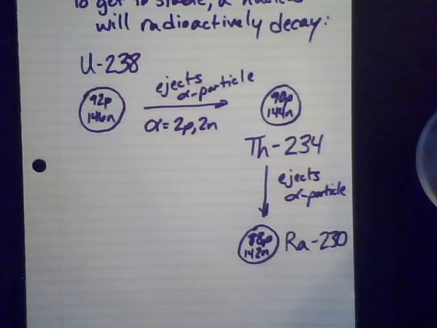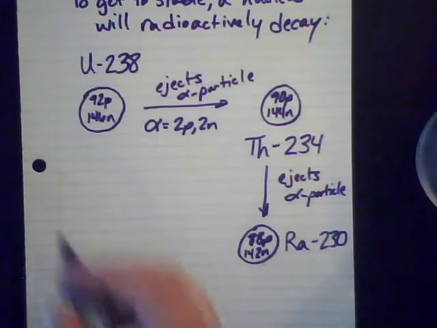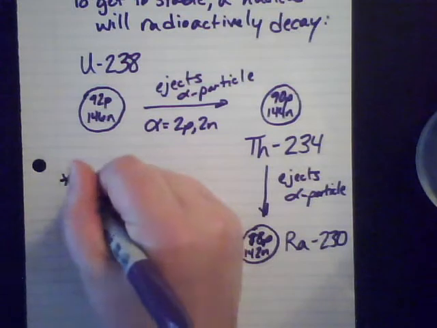And so this process is going to continue. It's going to continue to eject an alpha particle. It's going to continue to radioactively decay until it reaches a more stable configuration. And there's specific magic numbers on the periodic table, and that's actually the way that they call them, magic numbers.